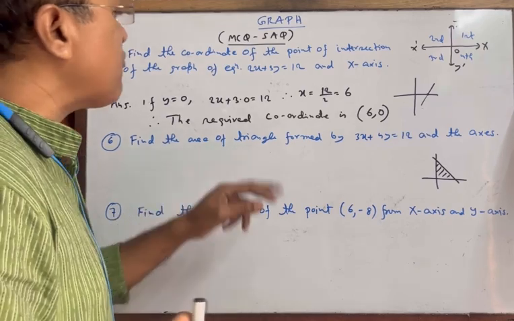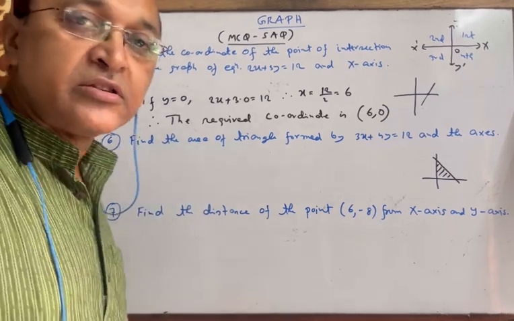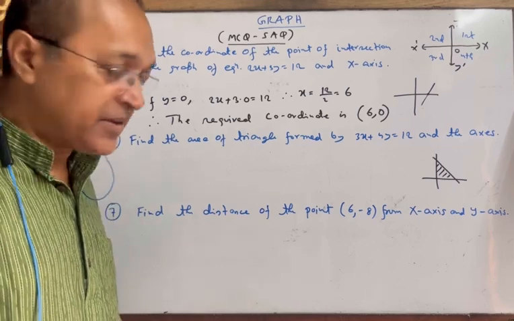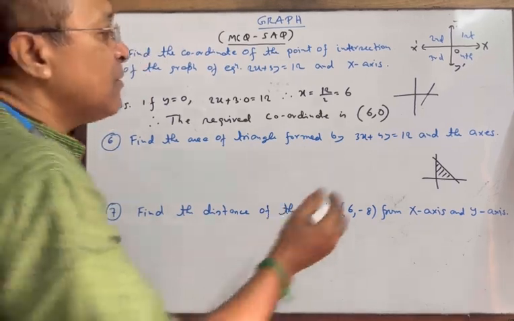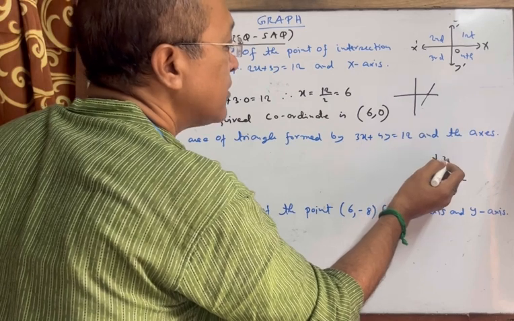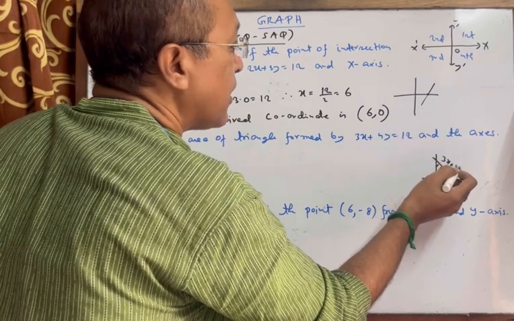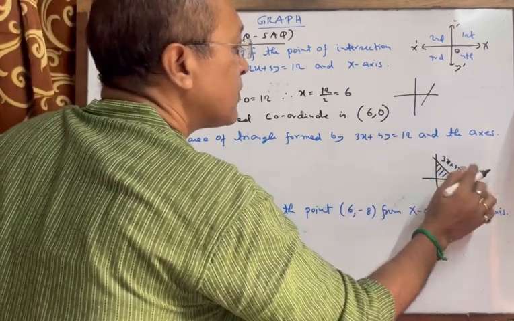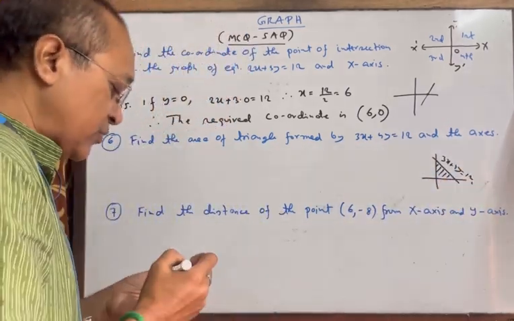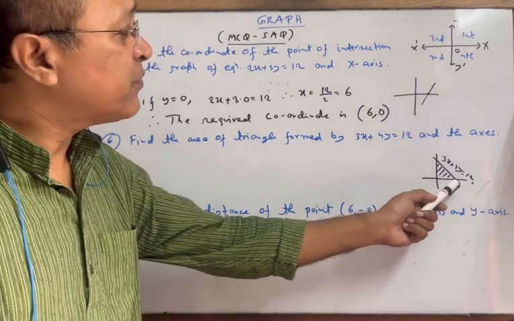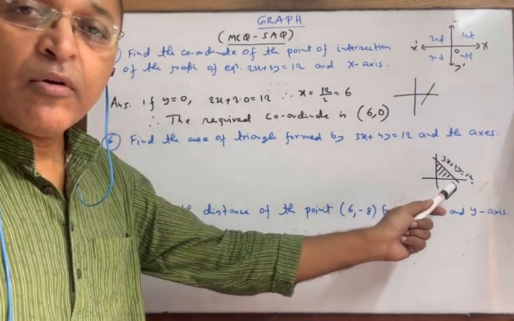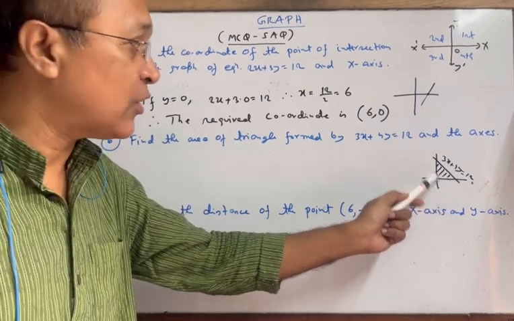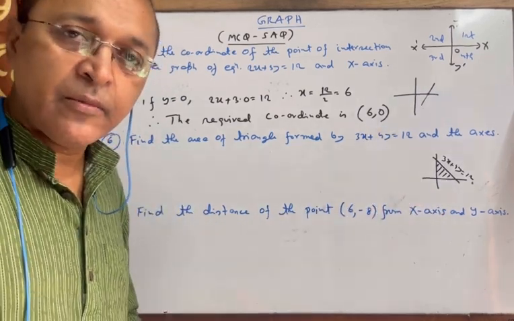Area of the triangle formed by 3x plus 4y is equal to 12 and the axes. Right, it is? Say this one is like 3x plus 4y is equal to 12. So first we have to find the point of intersection at the x-axis, then we have to find the point of intersection at the y-axis.